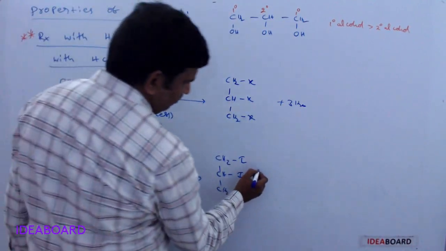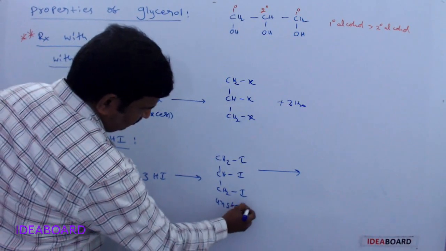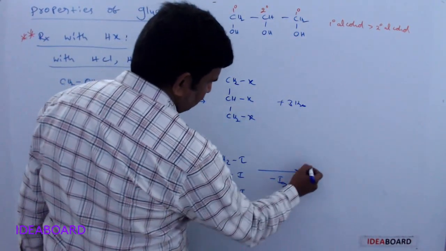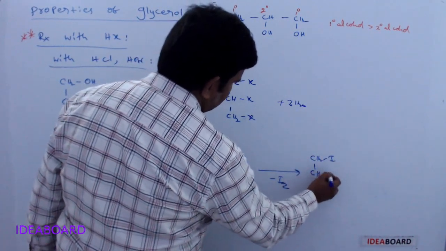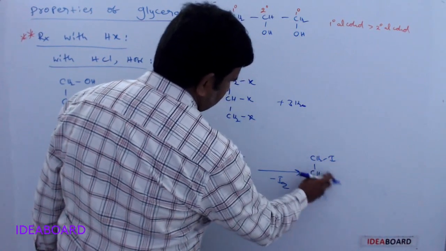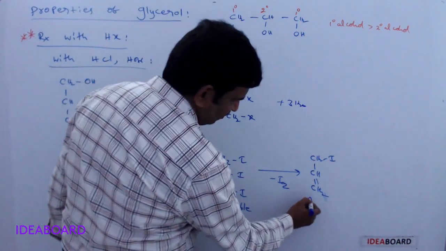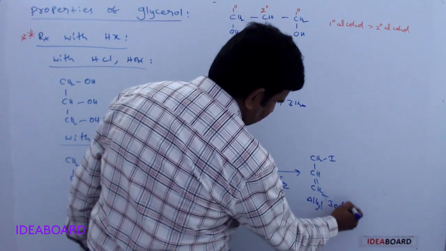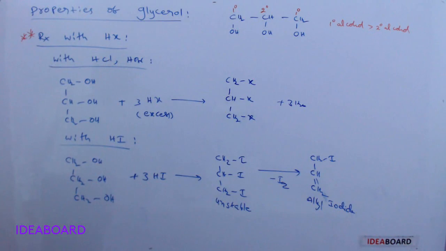That is triiodopropane, but it is unstable. Just now we saw this, so it releases iodine and we get CH double bond CH2, allyl iodide. Allyl iodide formation occurs.